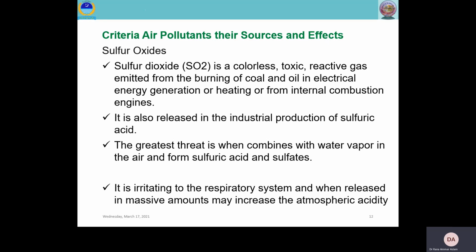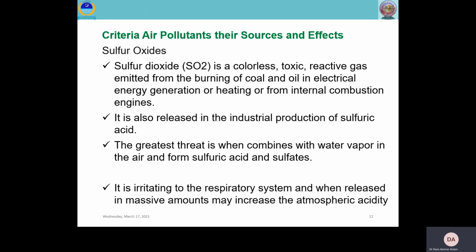It's a colorless gas which is very toxic in nature and highly reactive, and it is emitted from the burning of fossil fuels, right?